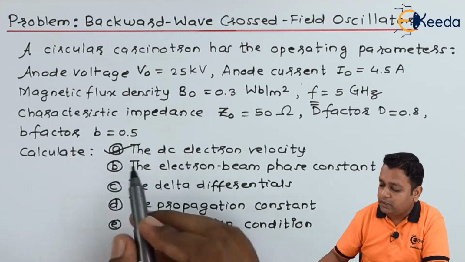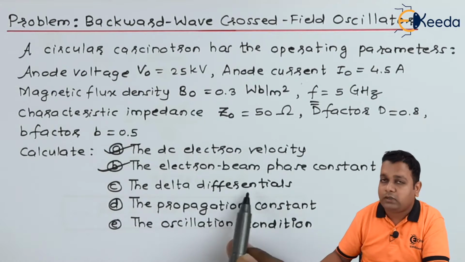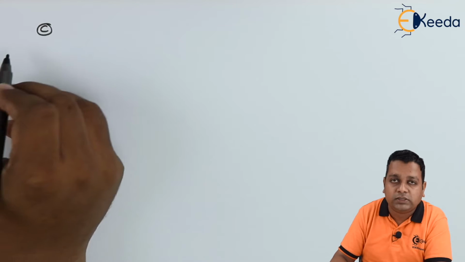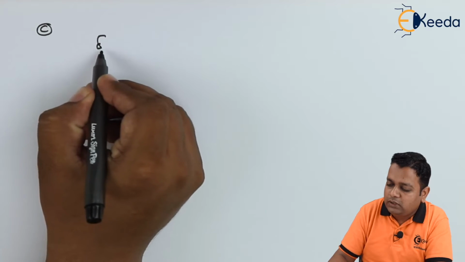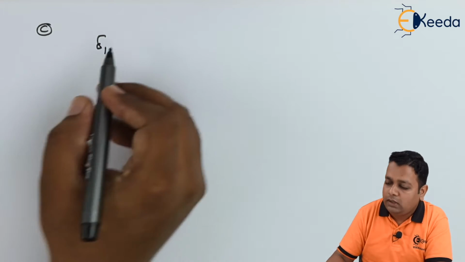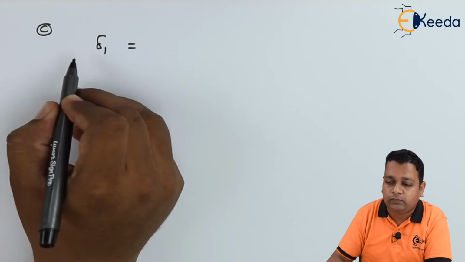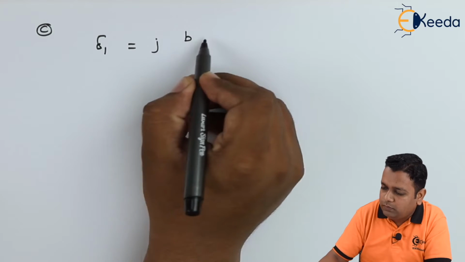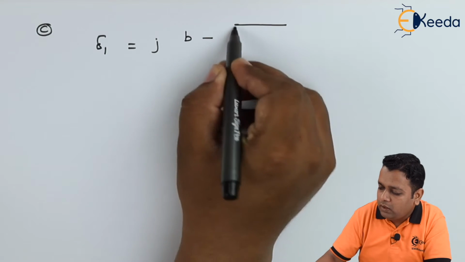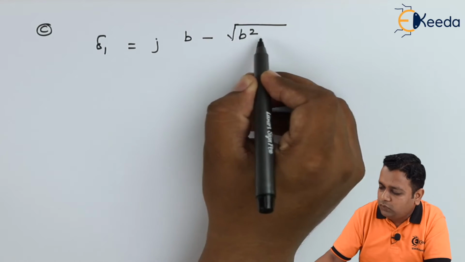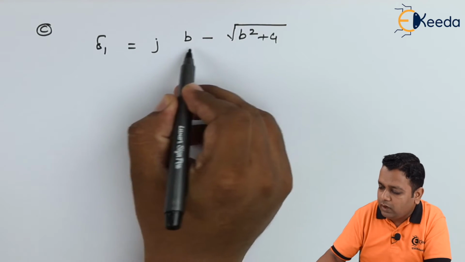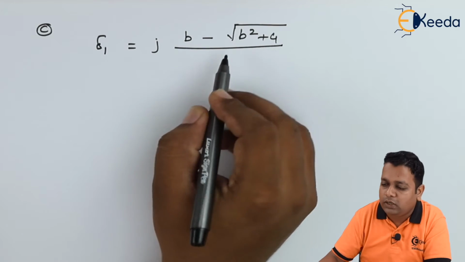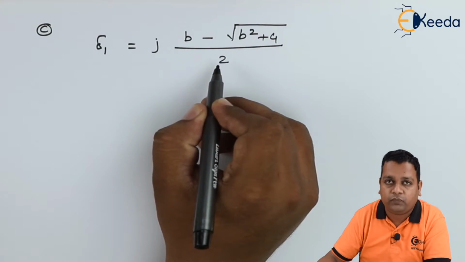After determination of beta suffix e, we want the delta differentials. For this device, there are two delta differentials. Hence, in this part C, we denote the first delta differential by del 1, and it is given by the formulation: j times small b minus the square root of b square added with 4, the whole having the denominator 2.